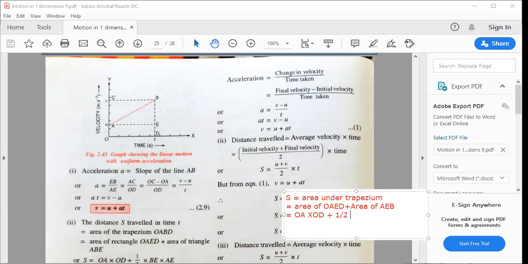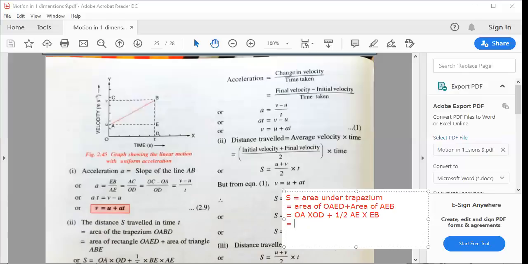What is the base? AE. Now AE is parallel to OD. So can I write area? It is half AE into EB. Are you understanding? Can you just reply? Yes, ma'am.